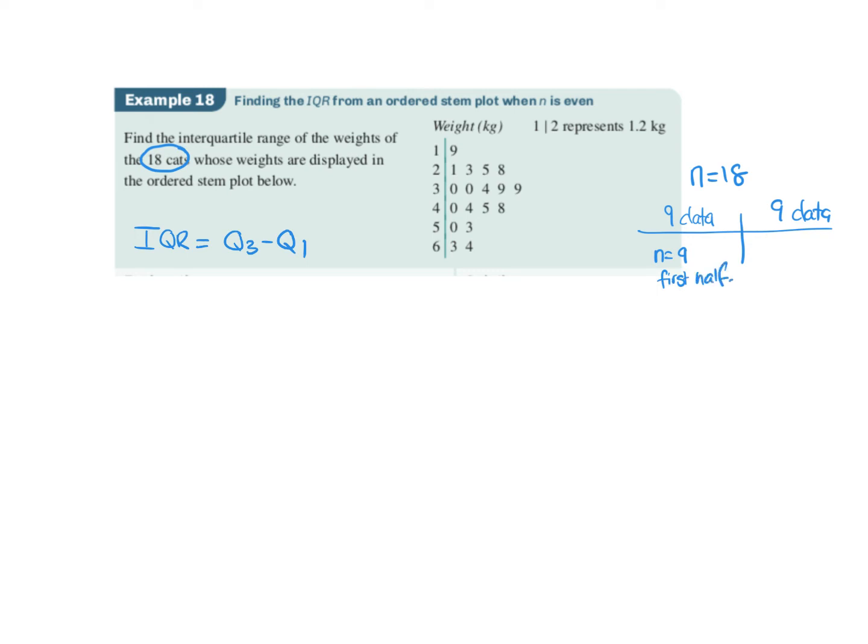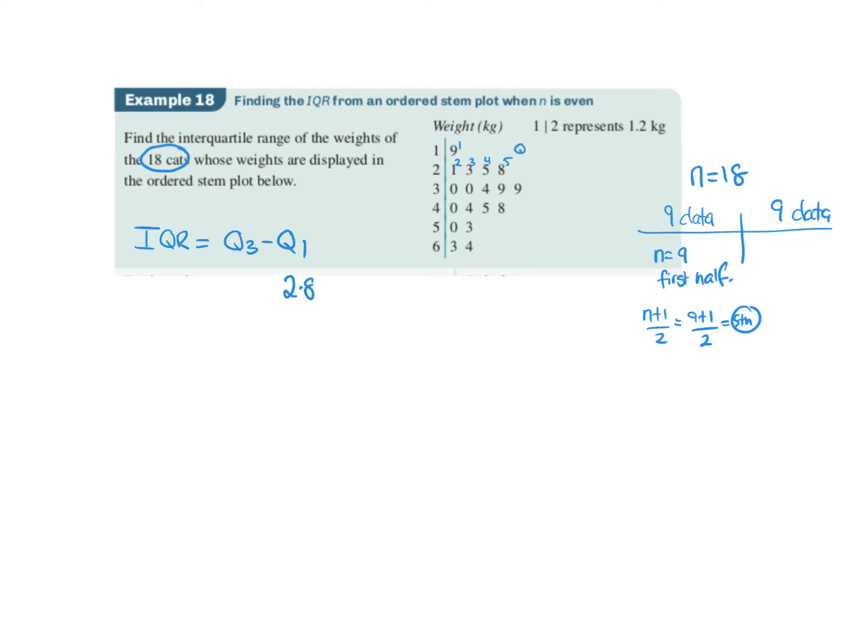If you were finding the median of the first half, you'd say n plus 1 divided by 2, so 9 plus 1 divided by 2, which is the fifth value. So the fifth value of the first half is Q1. Let's go through that: 1, 2, 3, 4, 5. So 2.8 is Q1.